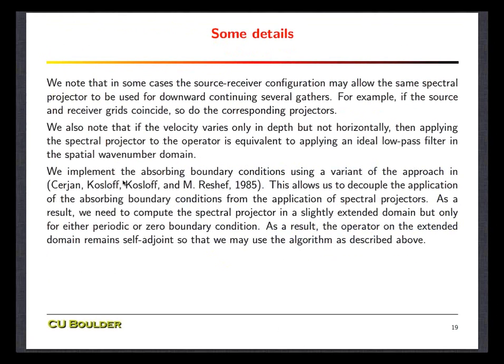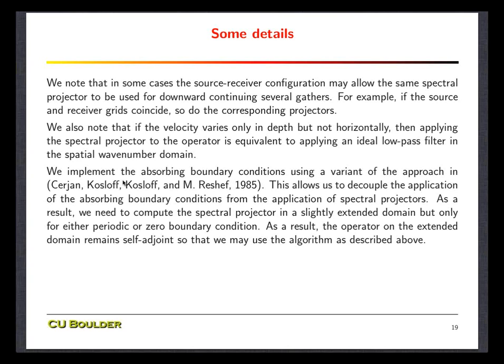Okay, so some details. Sometimes these projectors can be reused if sources and receivers are in the same locations. Basically, if the velocity depends on depth, then Kozlov and Beysel solved it a long time ago, and we can use FFT.